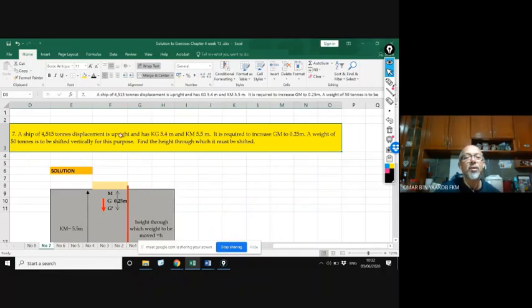That's the original condition. So the captain says, wow, this is not good, 0.1 meter. We need to increase it. So he decided to increase GM to 0.25 meters, and he wants to do that by moving weight already on board.